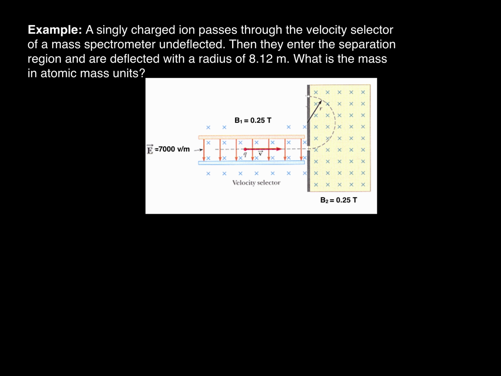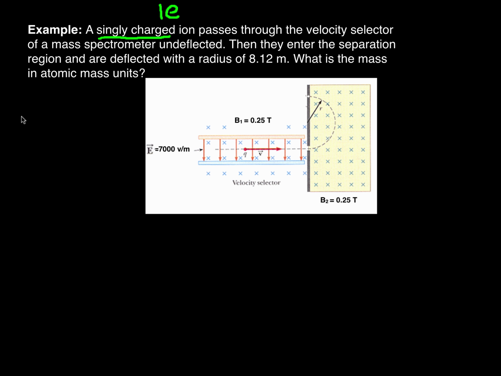Here's an example. A singly charged ion passes through the velocity selector of a mass spectrometer undeflected. Singly charged means it's 1 times the elementary charge. Then they enter the separation region and are deflected with a radius of 8.12 meters. What is the mass in atomic mass units?